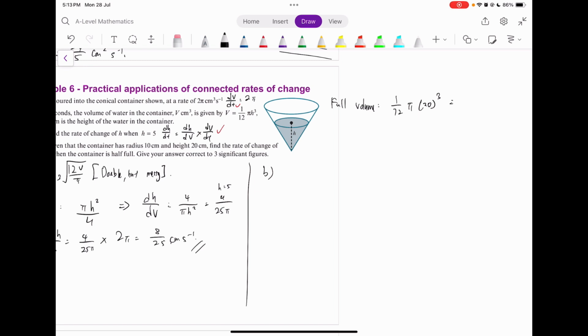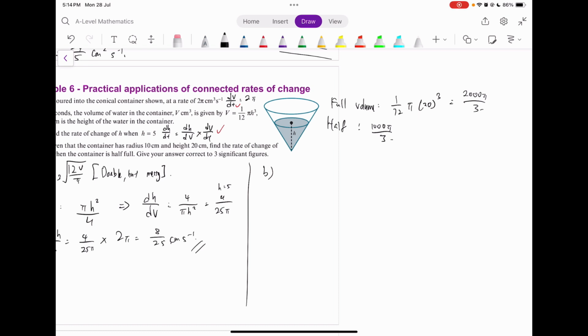Times 12 to 12. That makes it 2000 pi over 3. And if it's half full, that means it's just 1000 pi over 3. So this is the volume when it is half full.